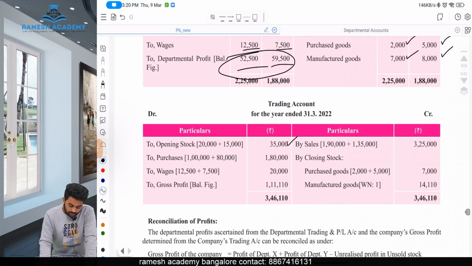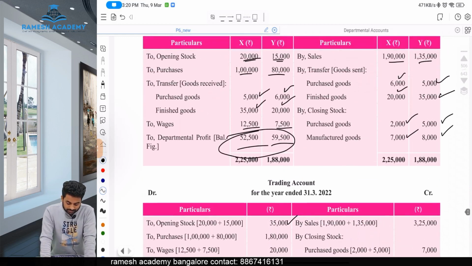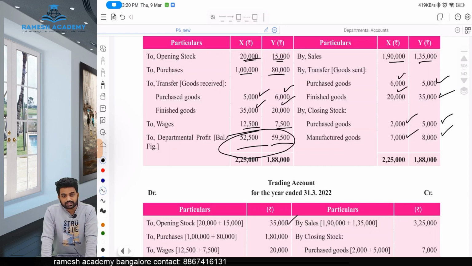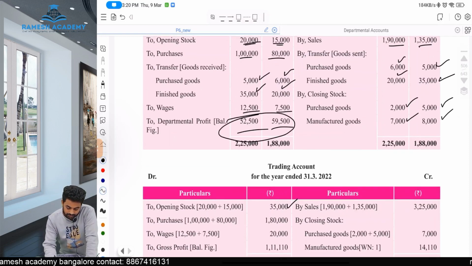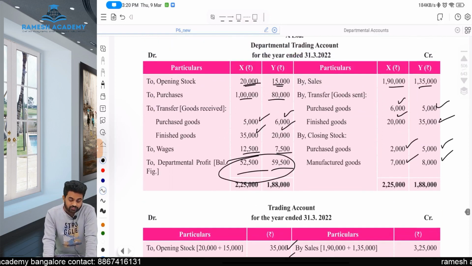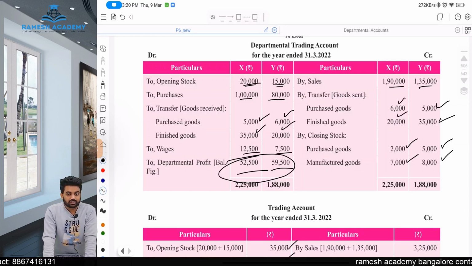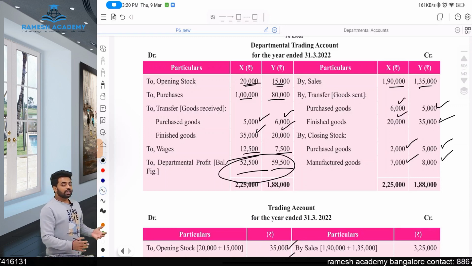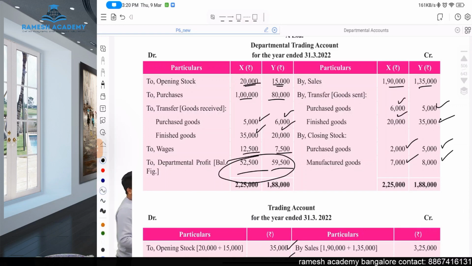Okay sir, opening stock is done. Next there are purchases: 1 lakh plus 80,000, which comes to 1 lakh 80,000. Transfers are there, sir. One department debit, the other department credit, and again the reverse.